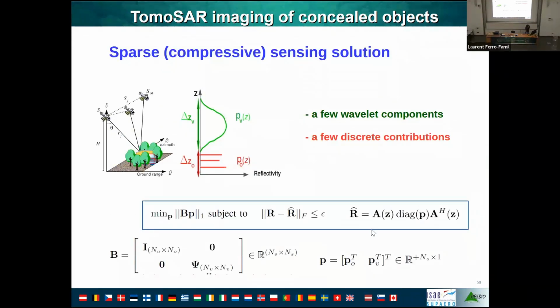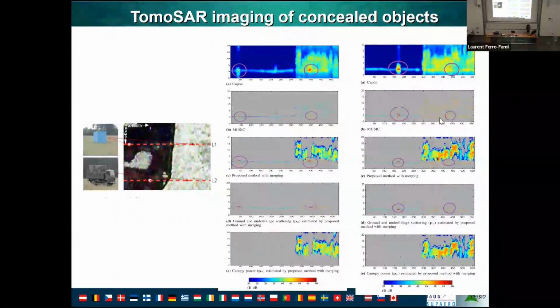And in fact, you try to model your response with something other than scatterers: you use continuous functions to model the response, with a mixing of isolated scatterers plus, on top, a continuous function representing the forest canopy. Then you can separate both contributions and very efficiently discriminate the objects.